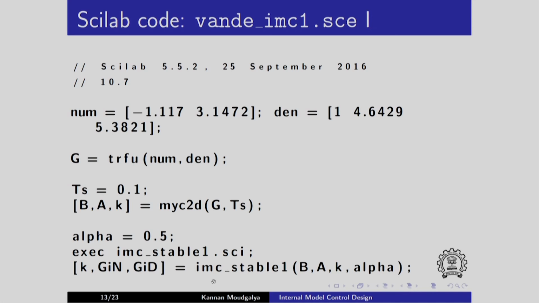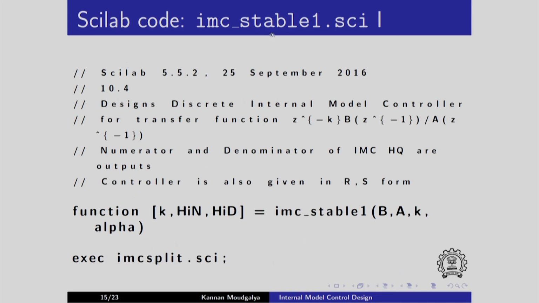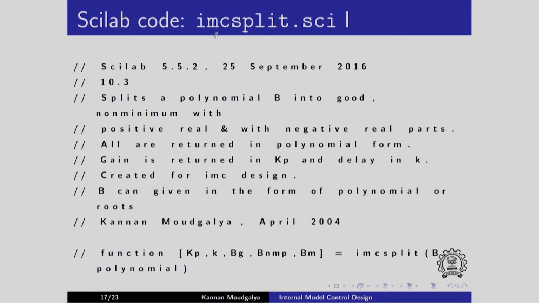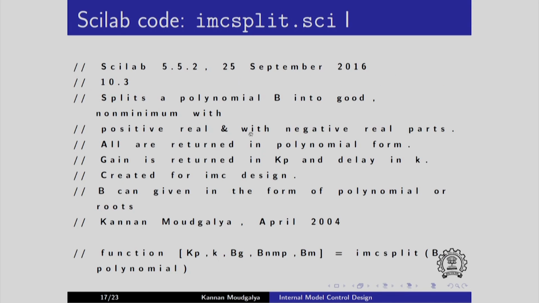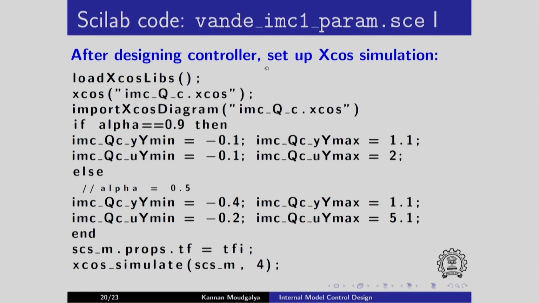In this I invoke this file imc underscore stable1, which is listed here, and that uses imc split.sci, which is given here, and we use this flip to get the non-minimum phase reciprocal. Here is imc split.sci, and after executing that you design the controller.